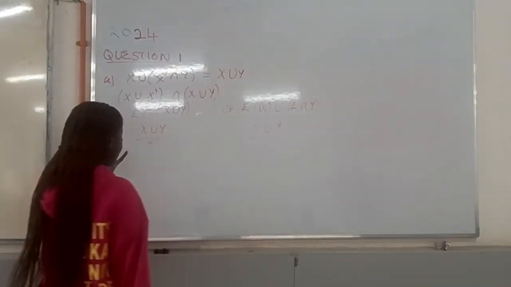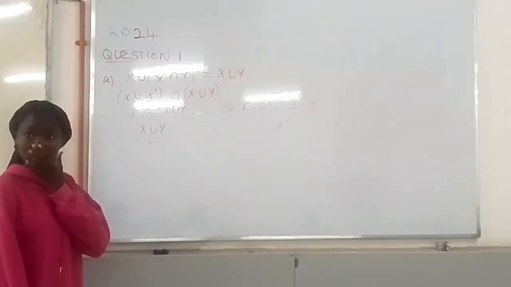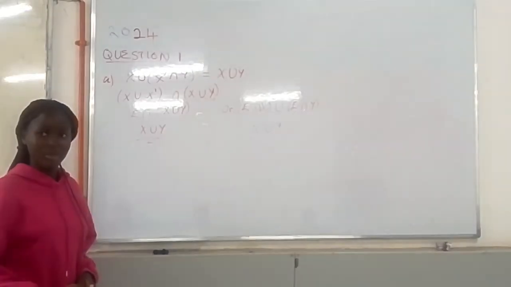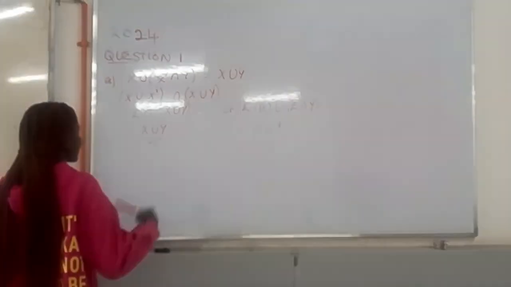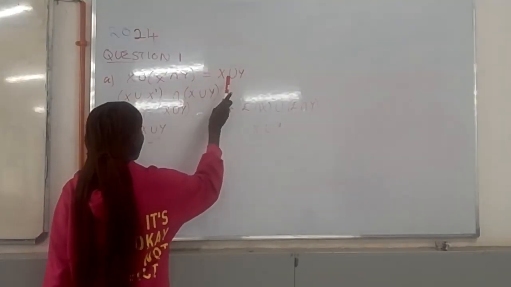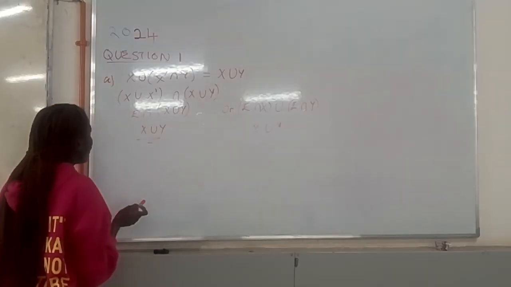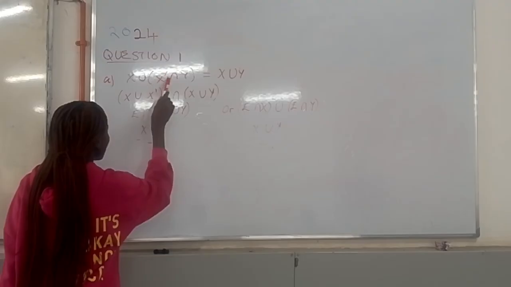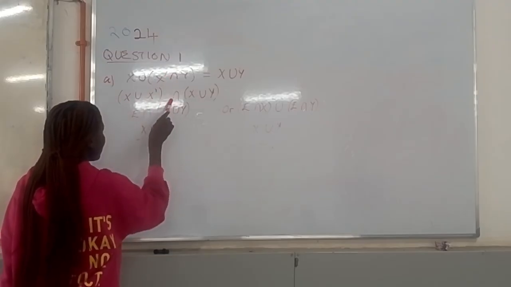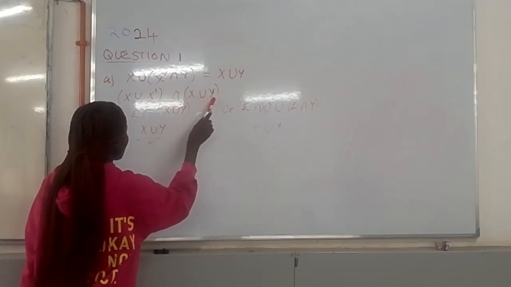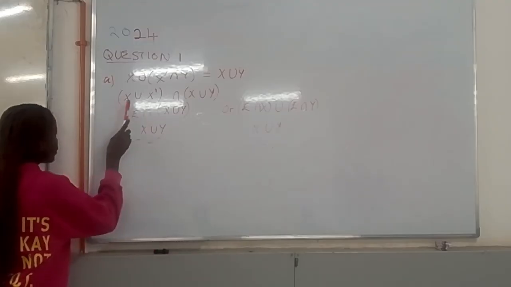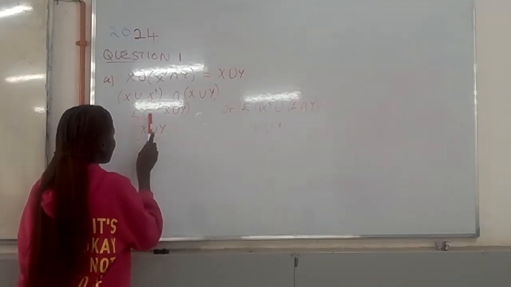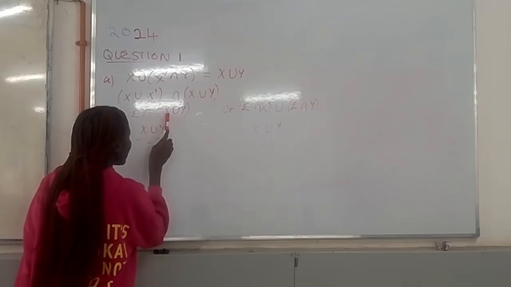Okay, so this is the statement equal to x union y. So this is the distributive law. So x union x complement, this is what I've written here, with the intersection brought in the middle, x union y. We know that x union x complement will give us the universal set. So we have the universal set intersection the set x union y.